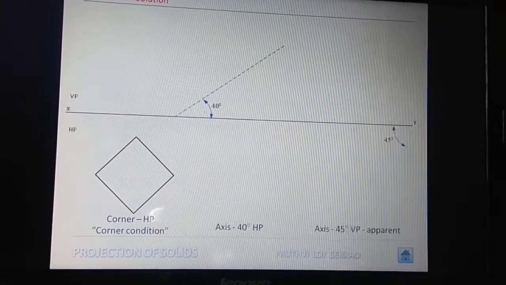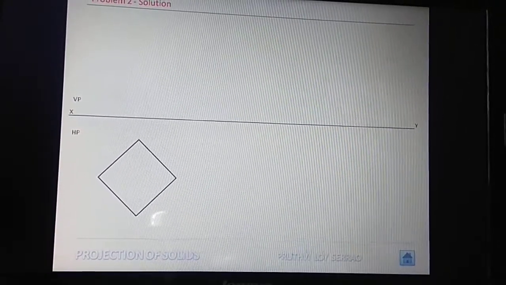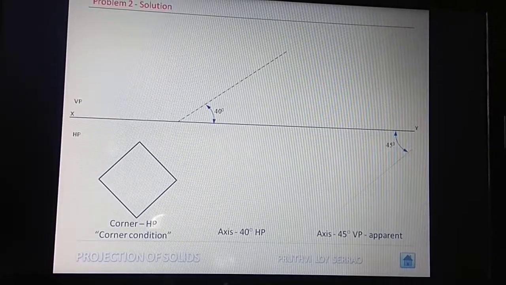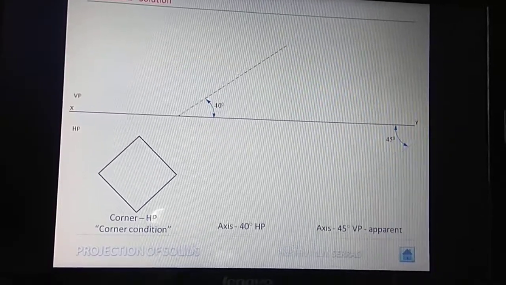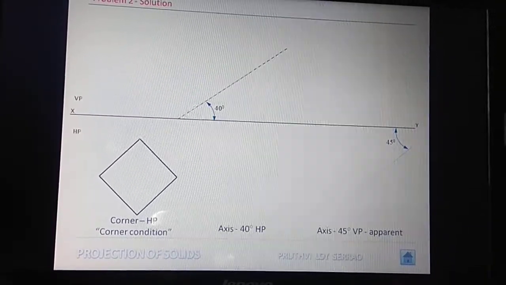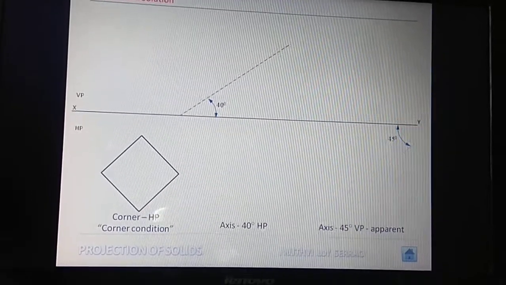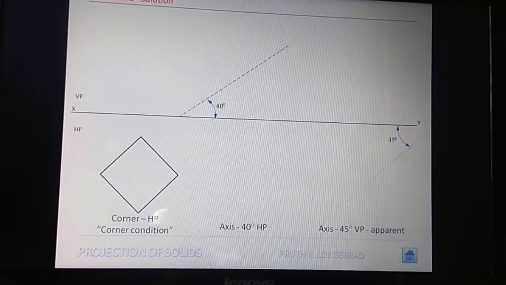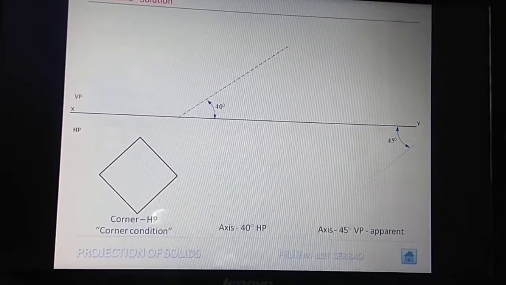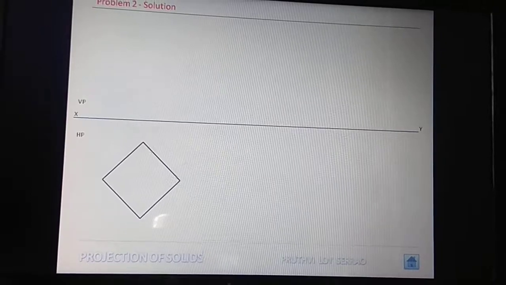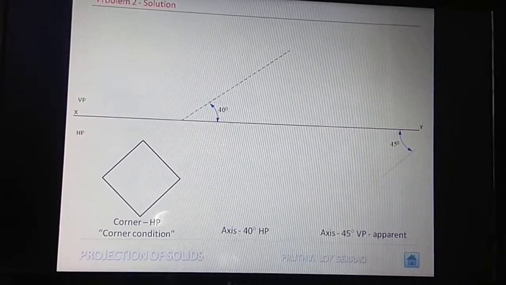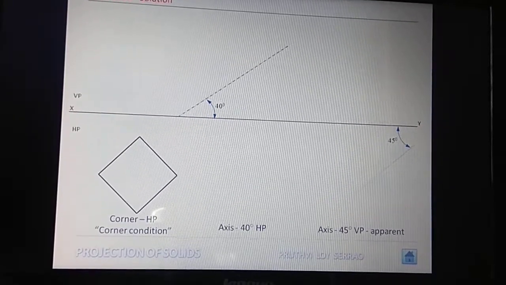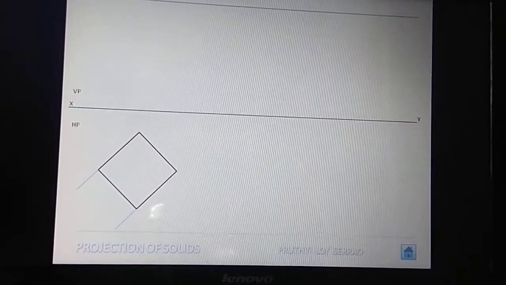The third condition is that in the second position you obtained, the apparent length of the axis in the top view is tilted at an angle of 45 degrees to VP. So these are the three conditions we keep in mind before drawing the projection of the square prism.